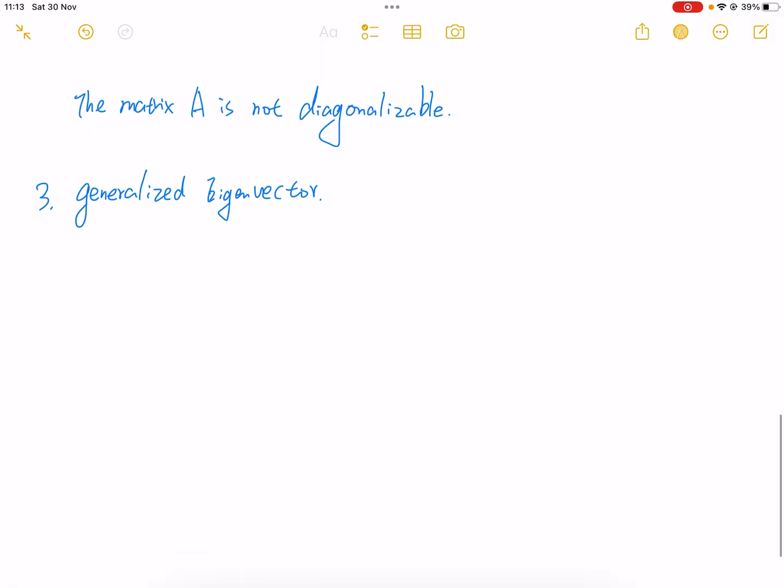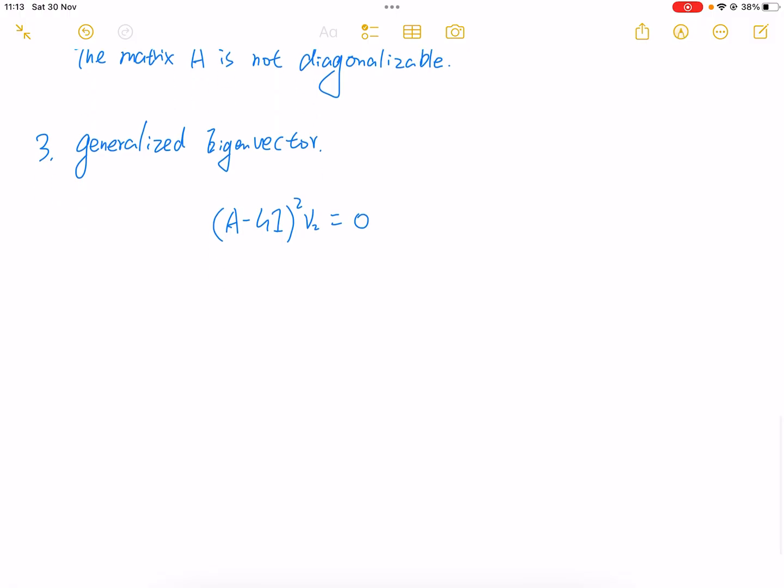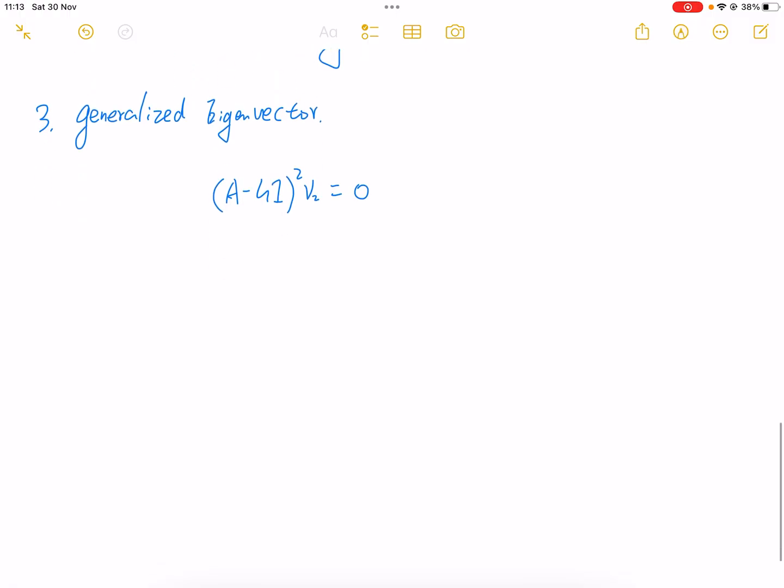To do this, we solve (A minus 4 times the identity matrix) squared times v2 equals 0. So let's compute (A minus 4I) squared.